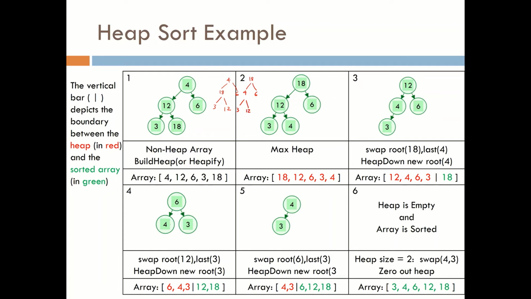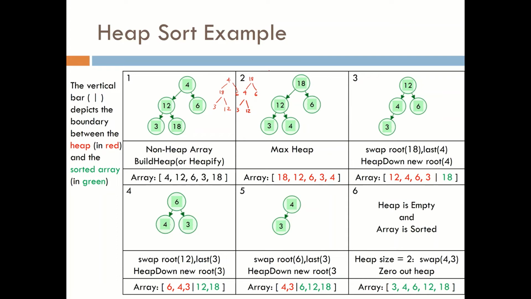Remember, we're not done heaping down until we no longer violate the heap order property or we're at one of the leaves. In this case, we're still violating the heap order property because the 12 is in fact greater than or equal to the 4, so we will heap the 4 down.